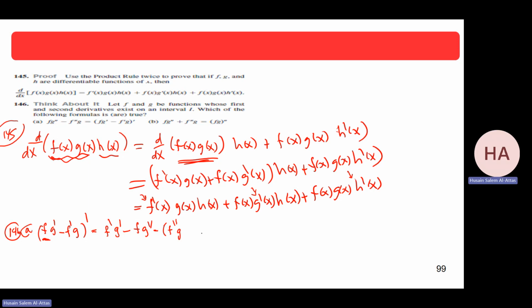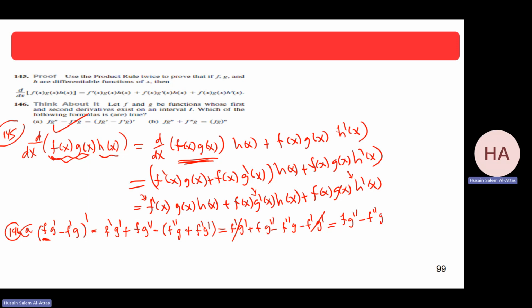Plus, not minus, product rule, plus f prime g prime. In other words, this is f prime g prime plus f g double prime minus f double prime g minus f prime g prime. This is cancelled. So I have f g double prime minus f double prime g, which means this one is correct.